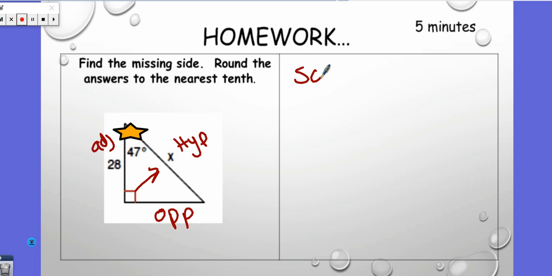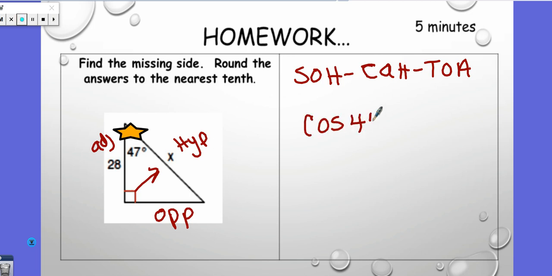So I'm going to write my SOHCAHTOA. And I have the adjacent and hypotenuse, so that's cosine. So cosine of 47 equals adjacent over hypotenuse.